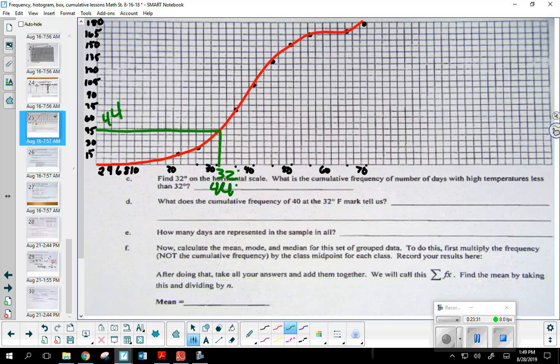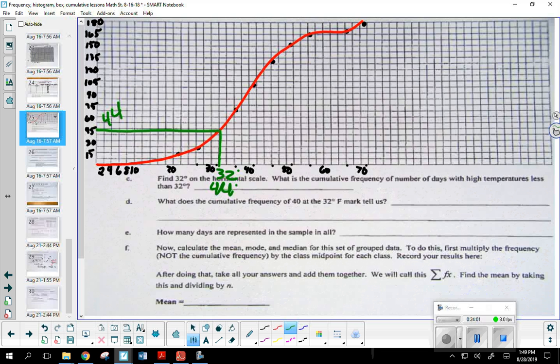Good. Now, let's say you, maybe on a test or something, have to create a cumulative frequency curve, maybe one coming up tomorrow, and you get something like maybe 43, 42. What's going to happen? Would that be acceptable? Okay, I heard a no and I heard a yes.